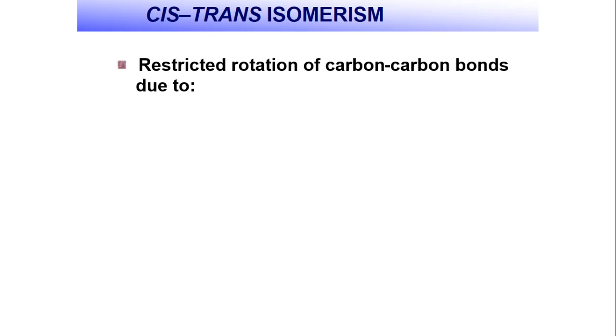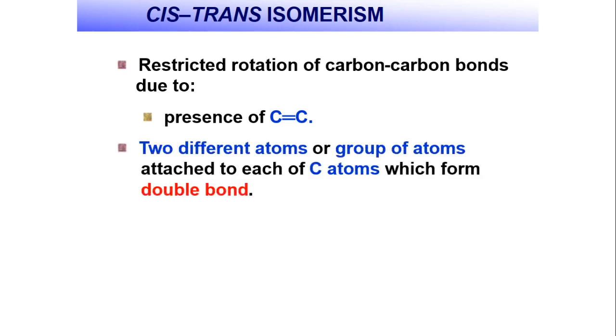So in this guy, the rotation is restricted because of the double bond which is there. The double bond causes the restriction in terms of the rotation of the carbon to carbon bond. Then, two different atoms or groups of atoms are attached to each of the carbon atoms which form the double bond. So I'll show that later. If you look at this one, there is this guy here and that guy there, isn't it?